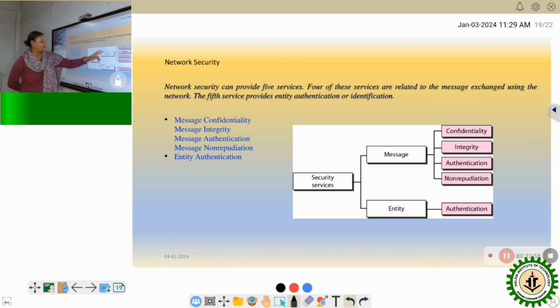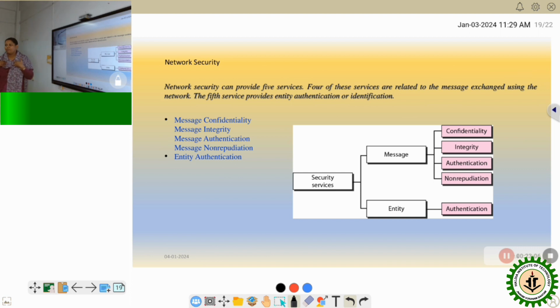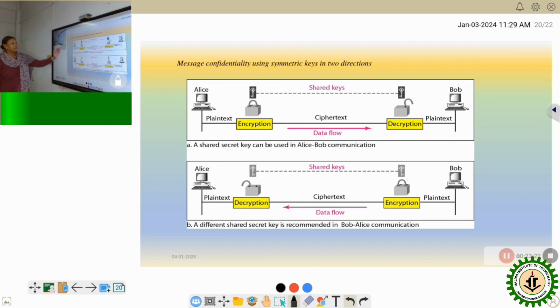The first 4 are related to the message, the data, and the last one is the entity, that is, the party side. If I am not authenticated with you, it is not a reliable transfer. On the message side, obviously the message is confidential, integral, authenticated, and non-repudiable. There are 2 types of communication: one is symmetric key communication, one is asymmetric key.